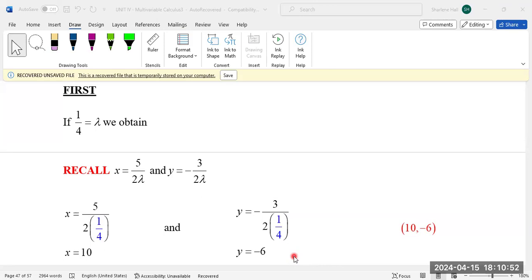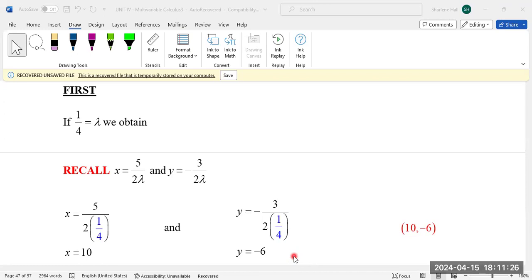Sir, how do I put that into the calculator? Which of them? Both of them. So the 5, 5 divided by, not the ABC, the division button. 5 divided by 2, open bracket, 1, ABC 4, close bracket, equal.